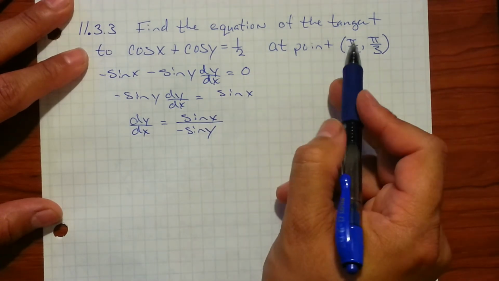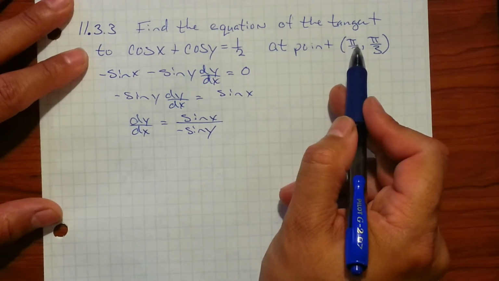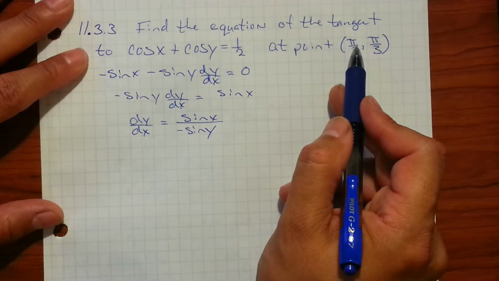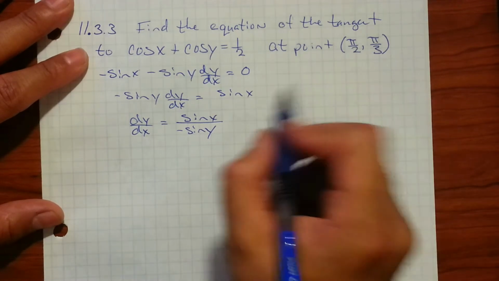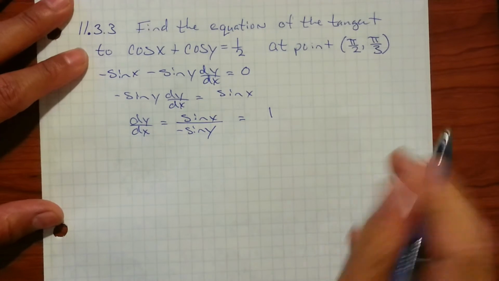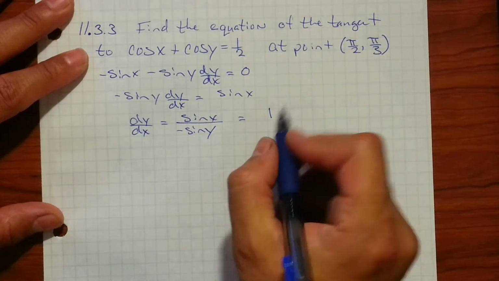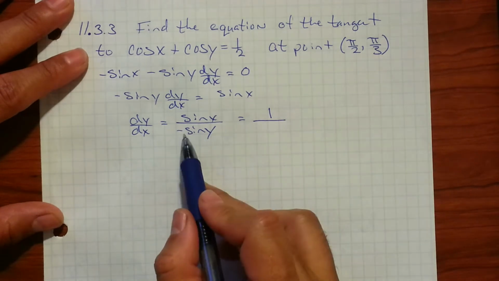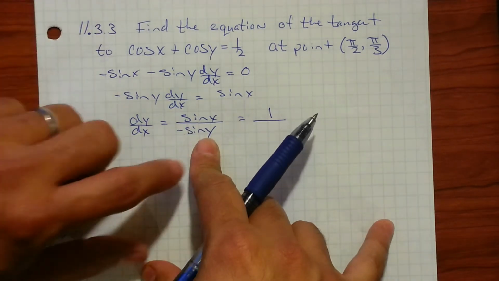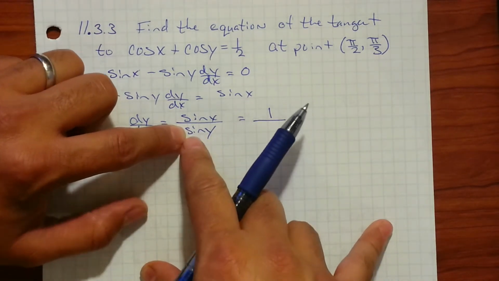Now let's go ahead and plug these in. So the sine value at pi over 2 should be a 1. And now for this one over here, so let's take care of my sine first.